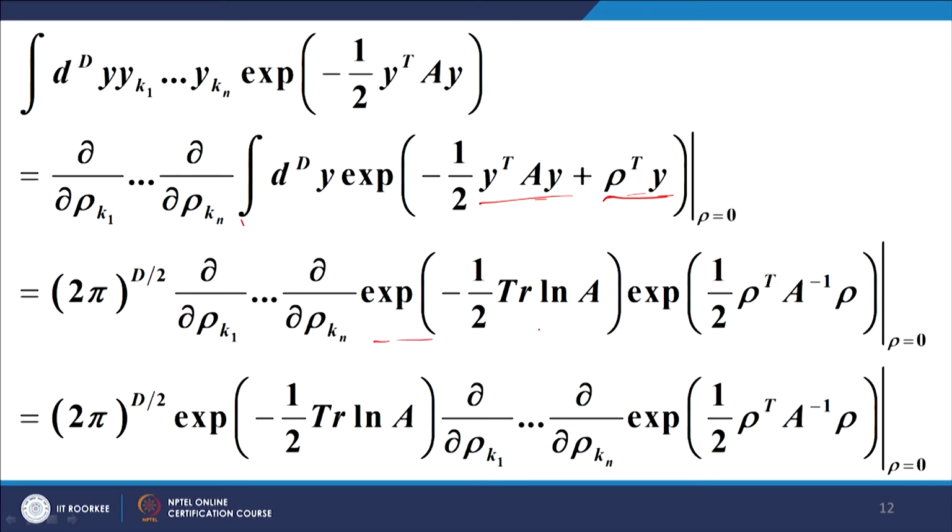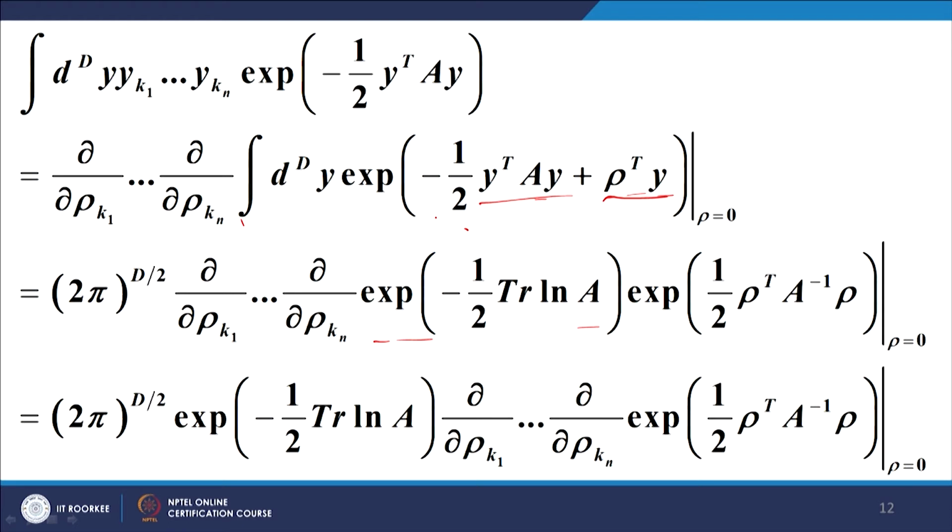Therefore, this integral is nothing but this expression differentiated with respect to rho k1, rho k2, rho kn, and then rho put equal to 0.